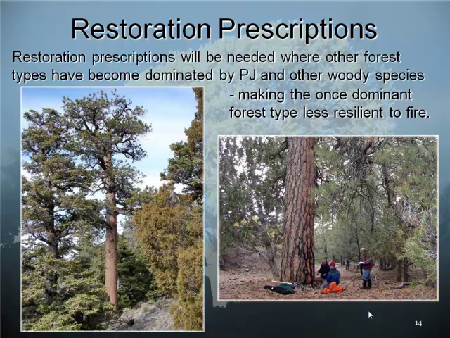The slide on the left happens to be a tree that Stan Kitchen, back there, aged. It's pushing 1,000 years old, and it's currently the oldest known living ponderosa pine in the world. But if a fire comes through there, the surrounding white fir and Rocky Mountain juniper are going to put fire right up into the crown of that tree, and it's going to be gone.